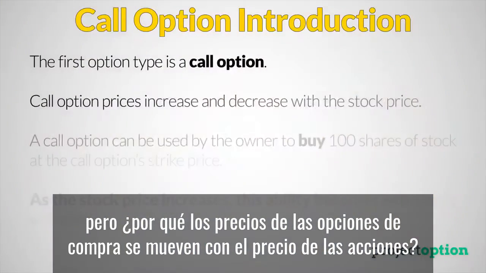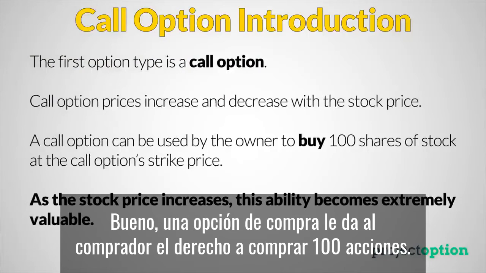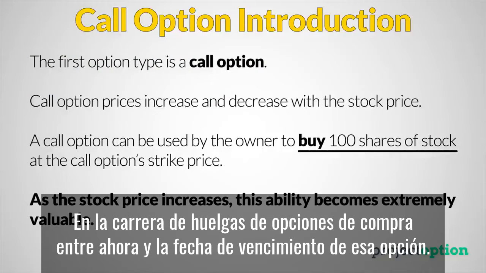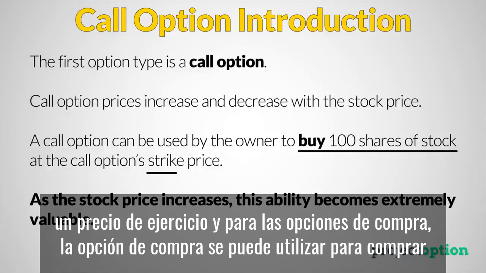But why do call option prices move with the stock price? Well, a call option gives the buyer the right to buy 100 shares of stock at the call option strike price between now and the expiration date of that option. Remember that one of the characteristics of all options is that they have a strike price.